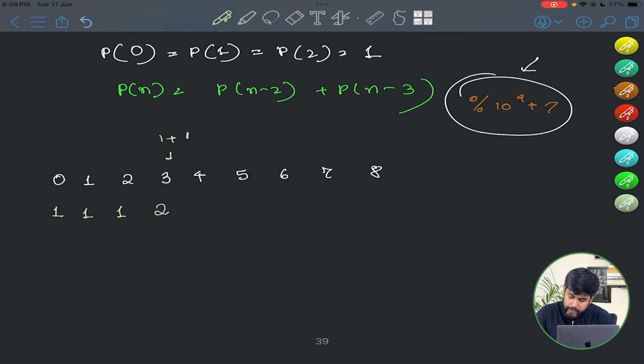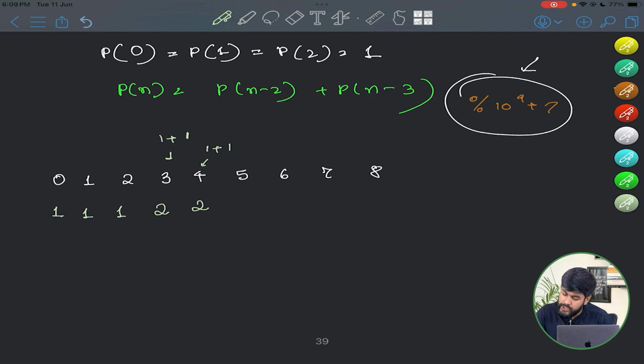So this value becomes 2. Now the very next one is for the value 4. For 4, 4 minus 2 is equal to 2, the value is 1, and 4 minus 3 is equal to 1, the value is also 1. So the value would be 2 again.